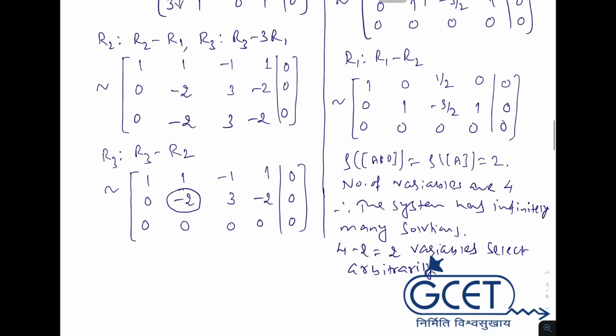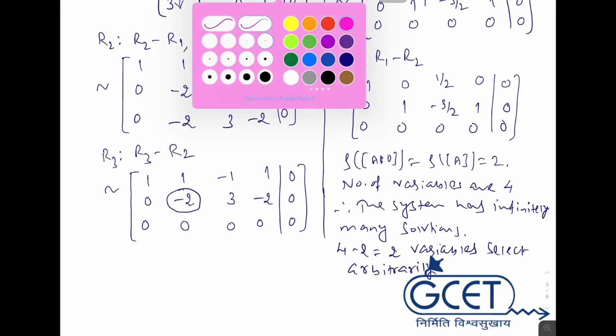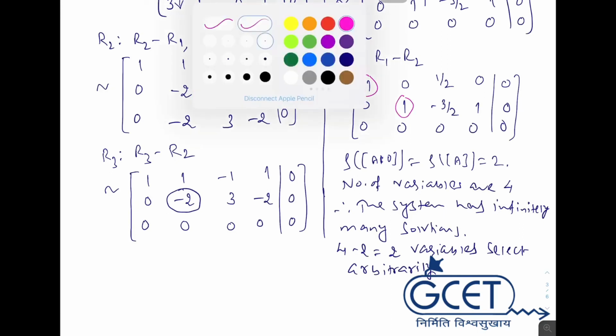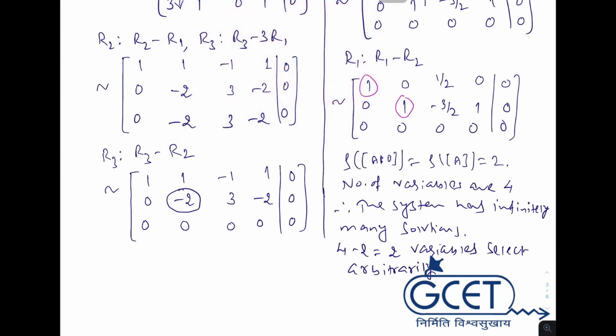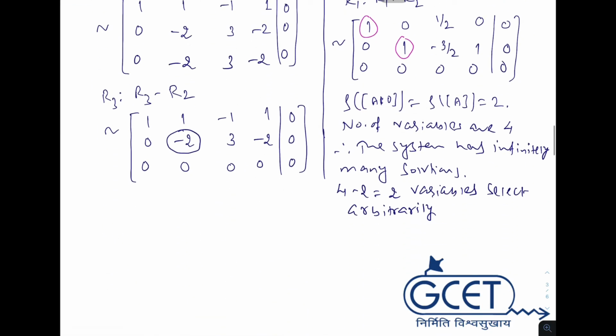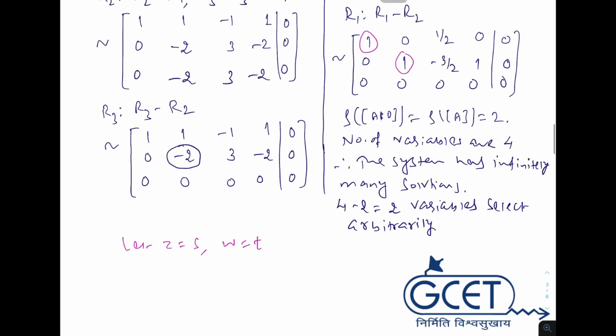Okay, now where are the leading ones? So here is a leading one and here is a leading one. So we need to select the arbitrary variables; as this is x, y, this is z and w, we need to take z and w. So let z equal to s, w equal to t.